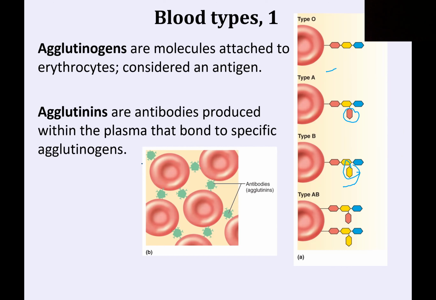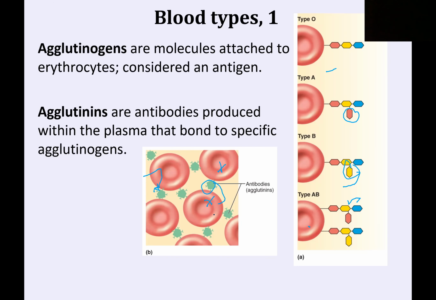Agglutinins are the antibodies that we produce within plasma, and they bond to certain agglutinogens. The little green satellite-looking things that we see here are the agglutinins. And what you see happening here is the attachment of the antibody to this erythrocyte and this erythrocyte.